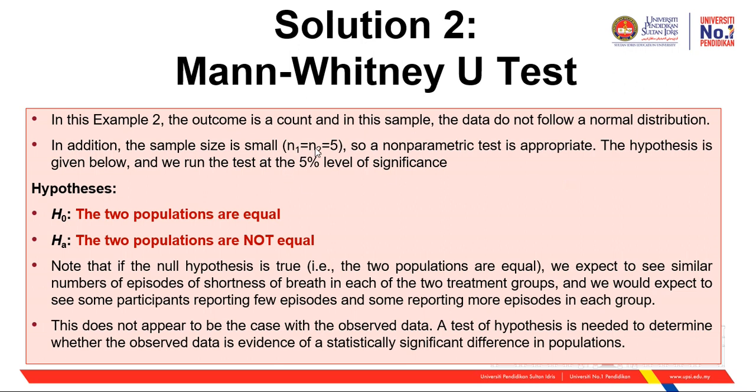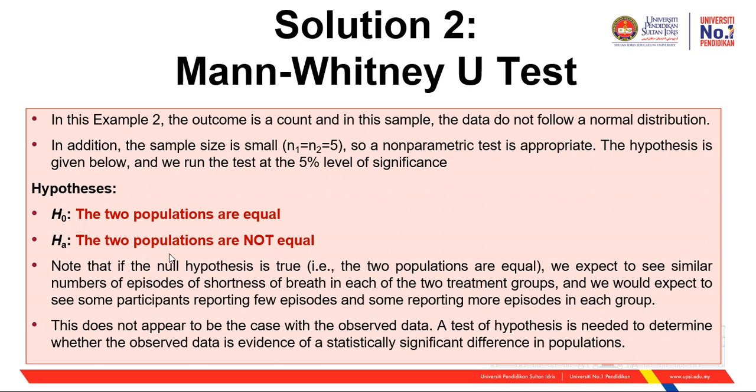As I said just now, N1 is equal to N2, 5, and we test it using 5% level of significance. In terms of hypothesis, you might write down like this: the two populations are equal, versus the two populations are not equal. You might also write down identical distribution versus not identical distribution for the alternative hypothesis.